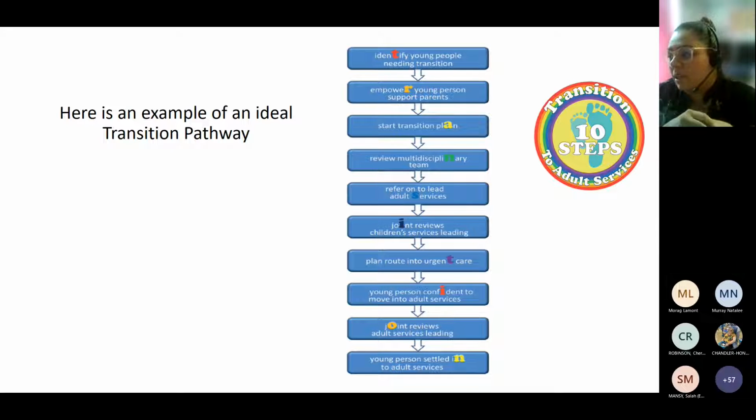Then we review these patients as a multidisciplinary team and refer on to lead adult services, and we try to provide joint clinics where both the children's services and adult services are present as a means of introduction and ongoing care. And with sickle cell patients, what makes it tricky is planning their urgent care.